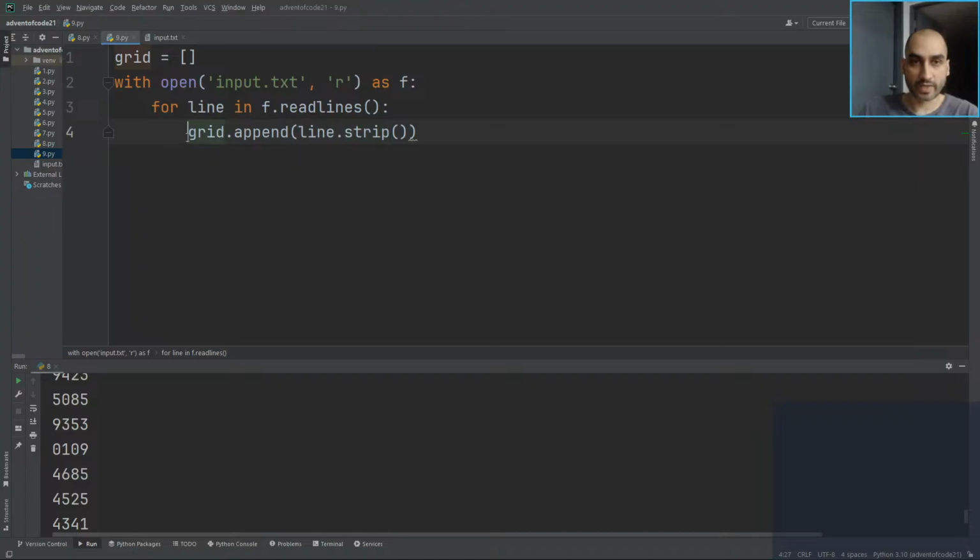Because we actually care about their values. Right, just take a quick peek at this grid.